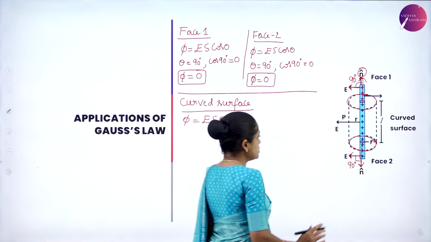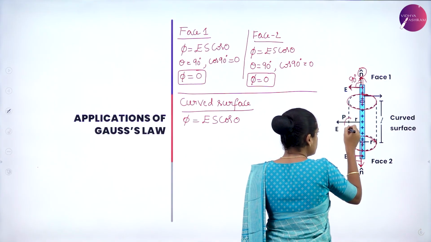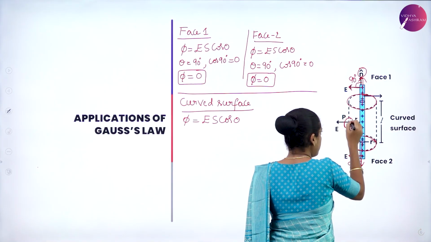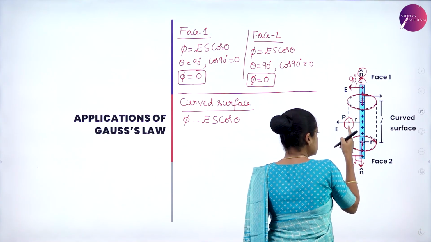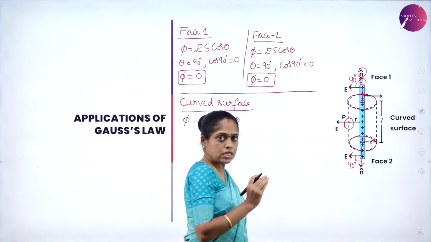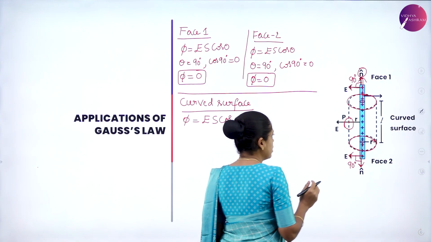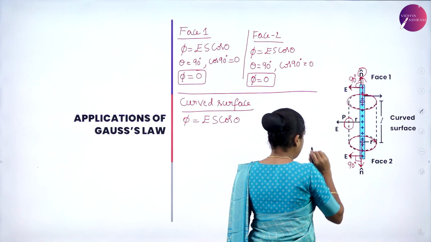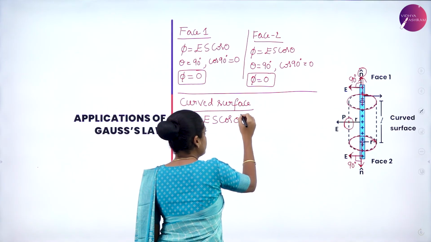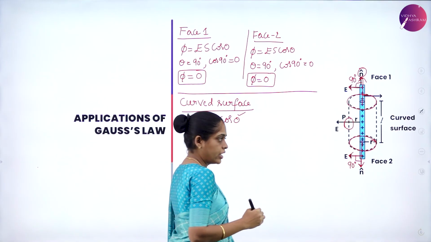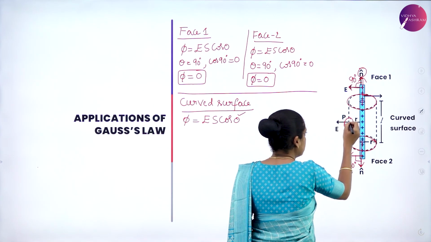Through the curved surface, to calculate the flux, consider the same expression ES cos theta. But in this case, I consider a small portion at point P of this curved surface, and in this small portion, let us calculate the electric flux. To calculate it, first we have to know the angle between the area and the electric field.